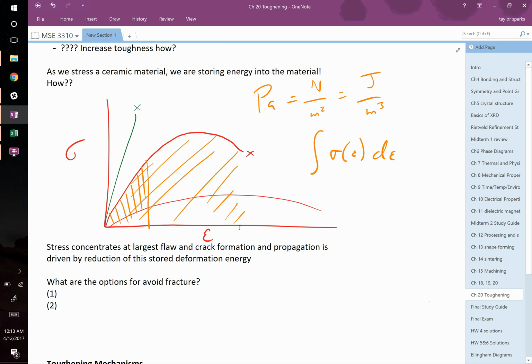They're carrying the load. You want them to carry the majority of the load, right? So that if the material's under load, your matrix, which is maybe brittle, doesn't have to see such a high load since a lot of that is being carried by the rebar, which is not brittle, right? So making composites, particularly fiber reinforced composites, which we'll talk about this chapter, is a great way to go.